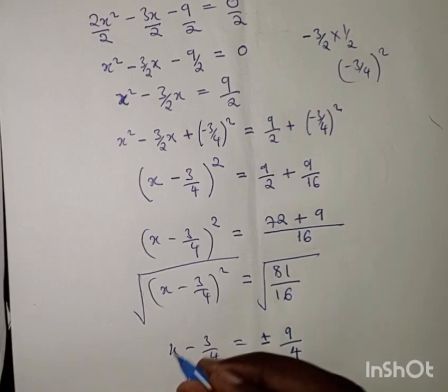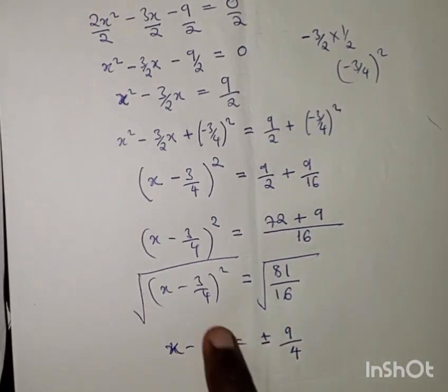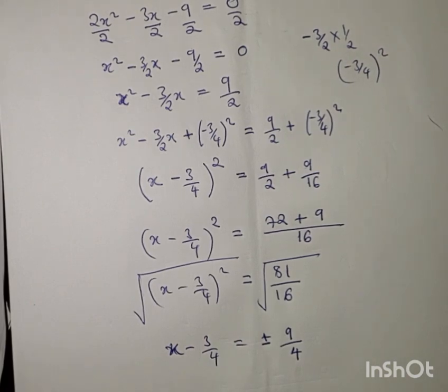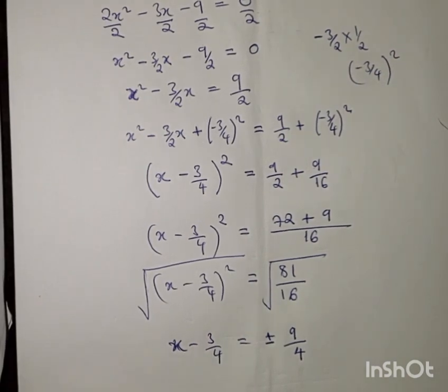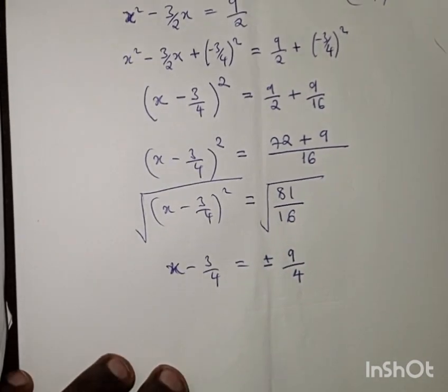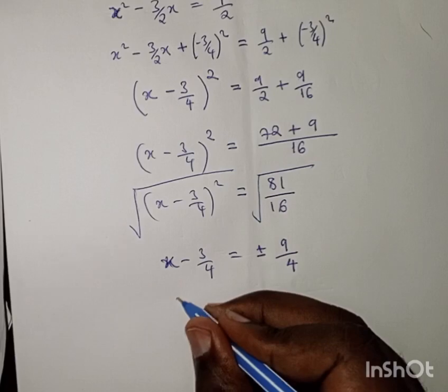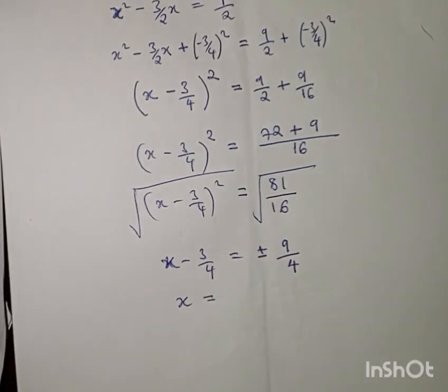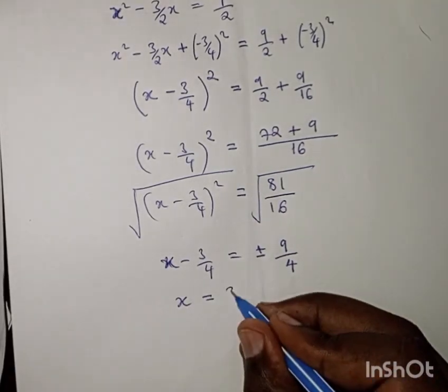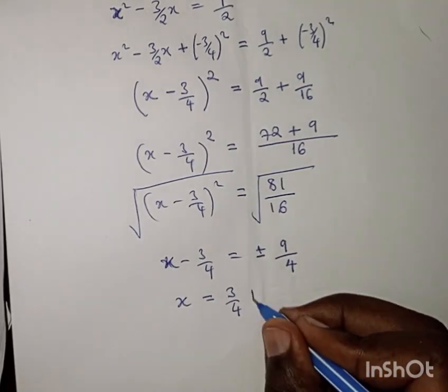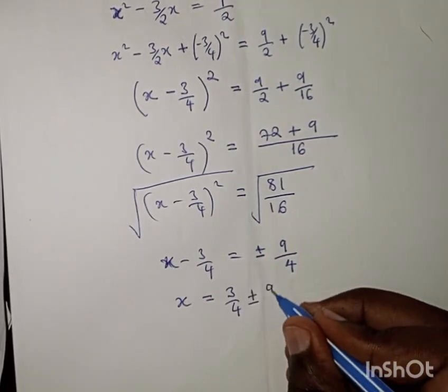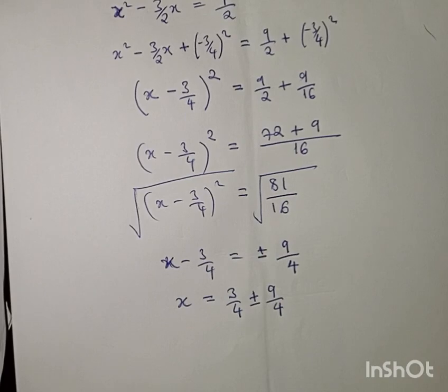So since we are solving for x, on this side we are going to get rid of minus 3 over 4. So to get rid of minus 3 over 4, you add 3 over 4 to both sides of the equation. Okay, so here we are going to have x is equal to positive 3 over 4 on this side, so we have 3 over 4. Then we have plus or minus 9 over 4.